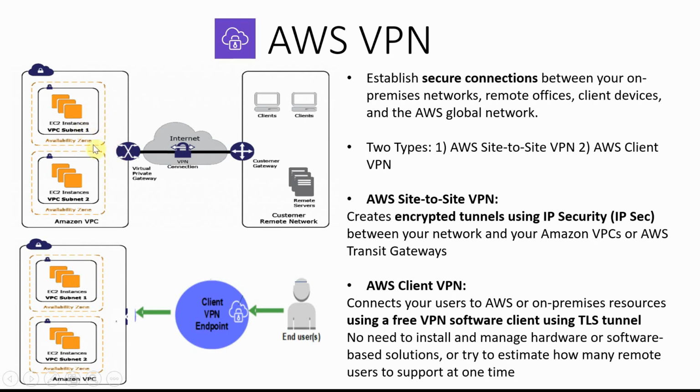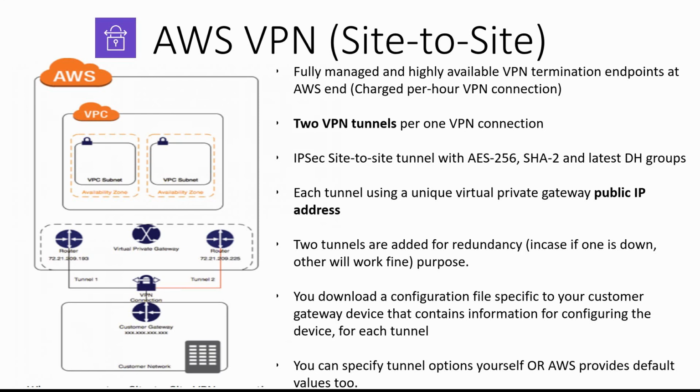A very common one is the VPC. So basically the VPC and virtual private gateway, these two are required on the Amazon side, and on the customer side you need to have a customer gateway. Then both can talk to each other.